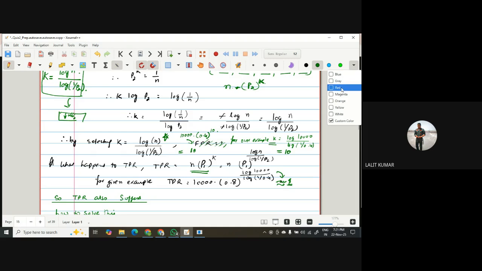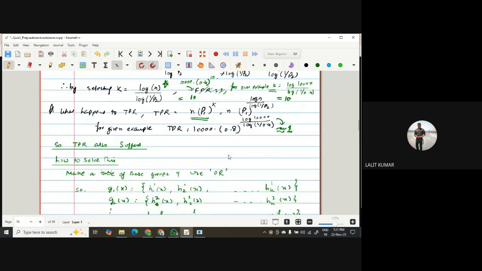Here, another important point I will cover, which has not been covered in the lectures. As k increases, your TPR and FPR both decrease, because your TPR and FPR are nothing but p1^k and p2^k.